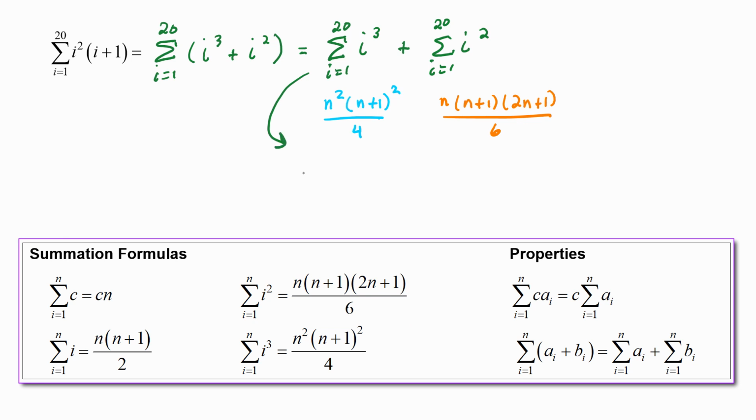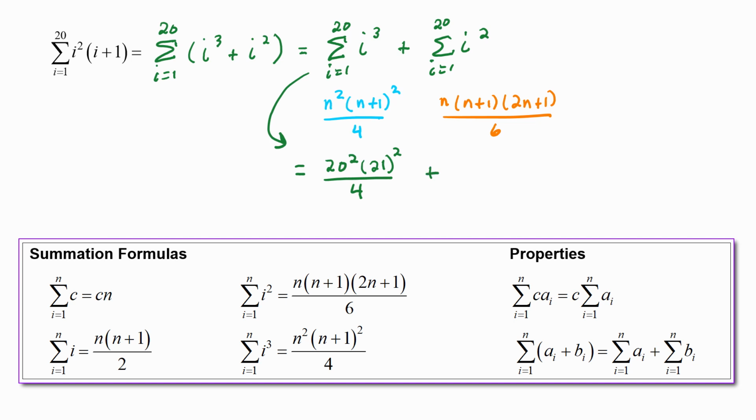So let's continue here. Doing this first summation over i cubed, we have to take n squared, so 20 squared, times n plus 1 squared, which is 21 squared, divided by 4.